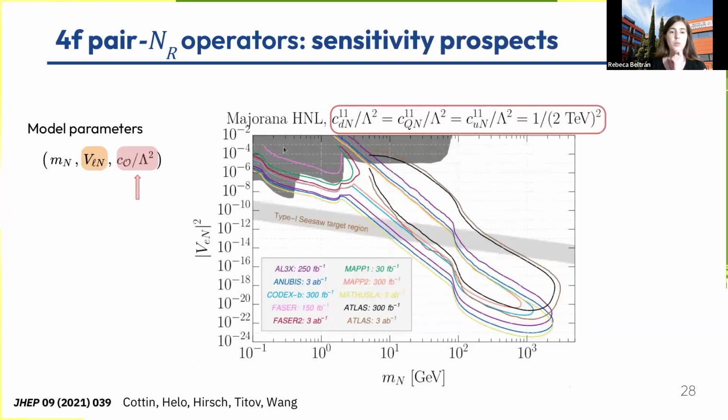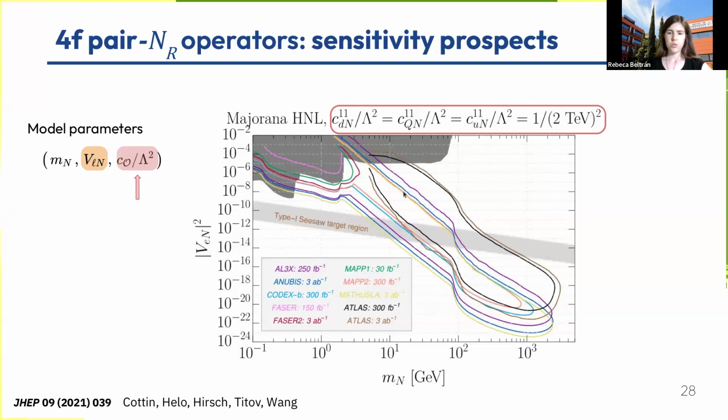So we can plot the sensitivity prospects in this plane, square mixing value versus HNL mass, if we fix the production coefficients. So here we are considering 3 operators at a time, and the lambda scale has been fixed to 2 TeV.